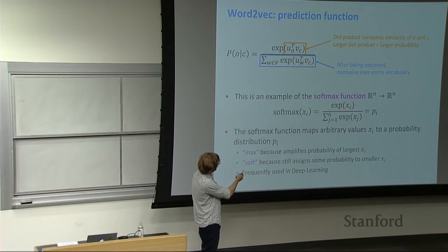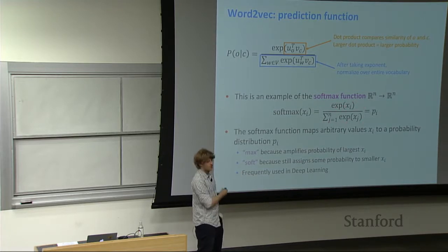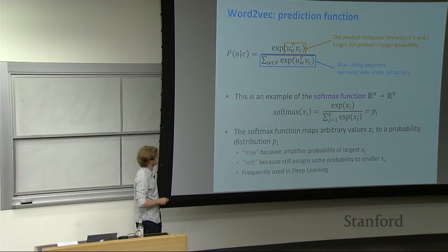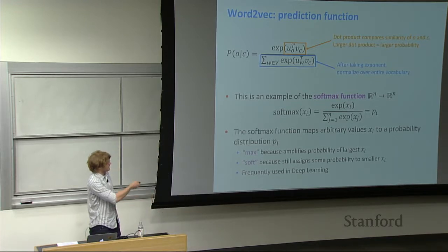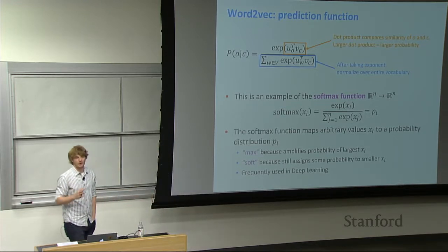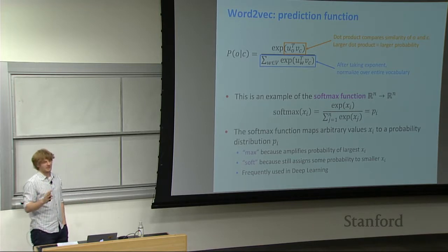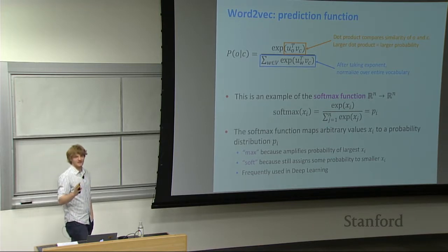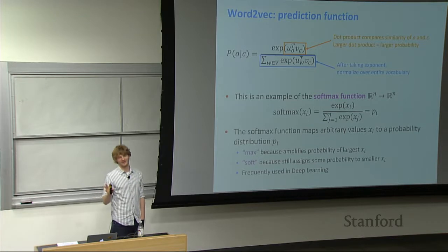This is an R^n to R^n mapping. For each element, you have this, and this is basically the same across all of them. And then we'll often write this as our probability. So if you're a hardcore mathematician and you want measure theory and Lebesgue measures and so on, we don't have any of that.